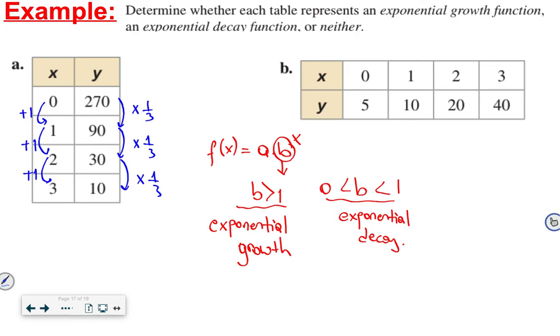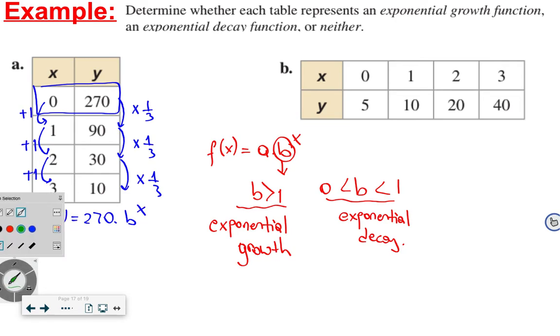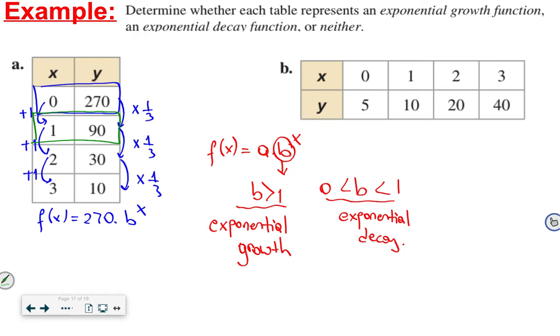You can also understand the initial value here is 270. So substitute: f of x is equal to 270 times b to the power x. To be able to understand what b is, you can substitute one of the ordered pairs into the function. I would like to choose this ordered pair, 1 and 90.